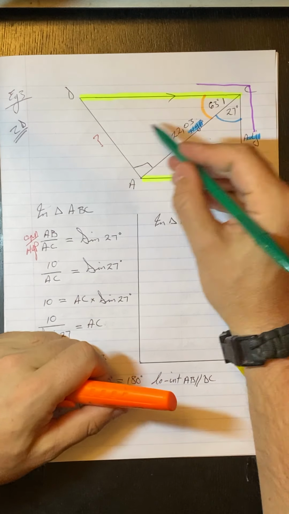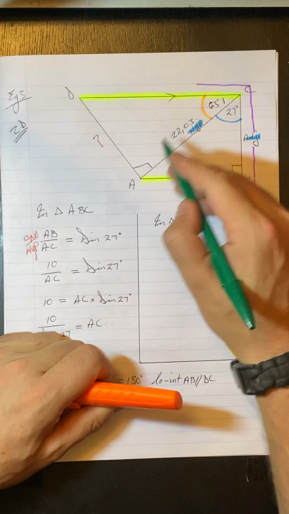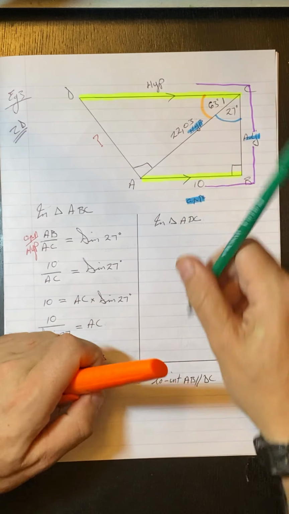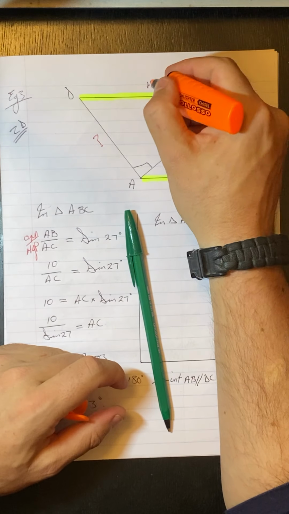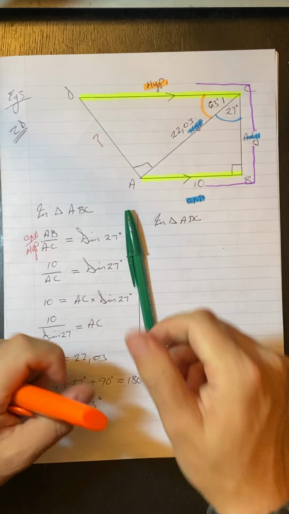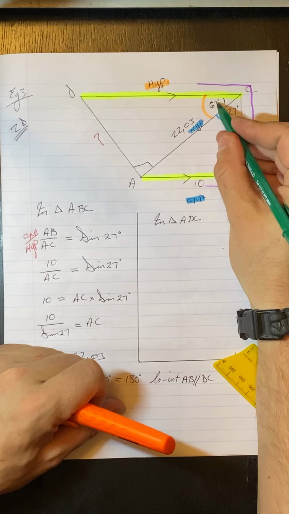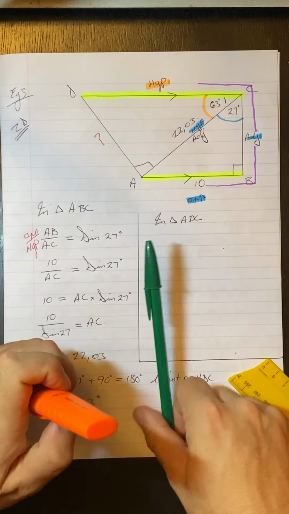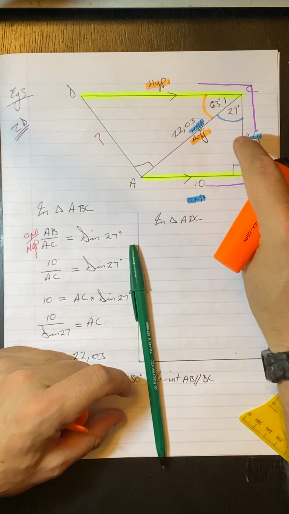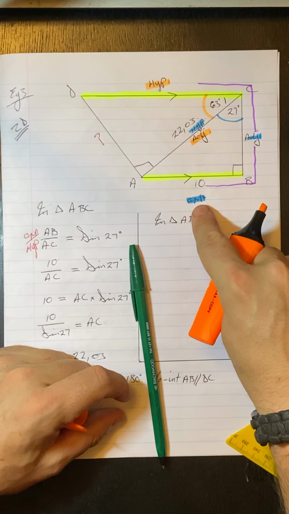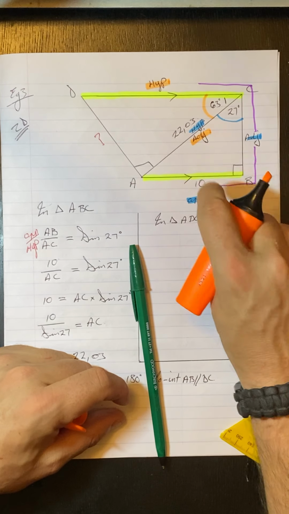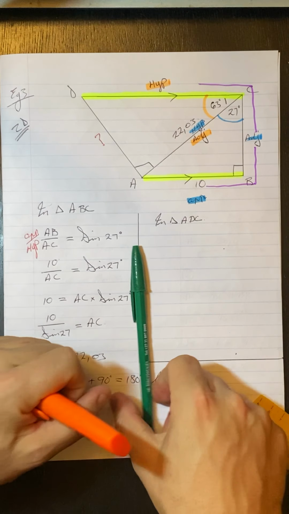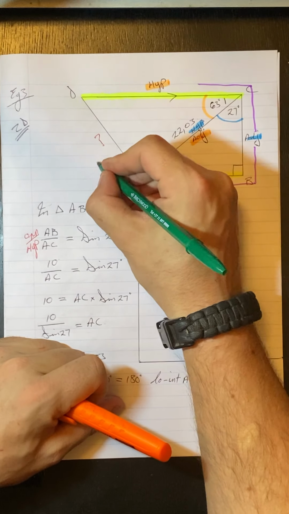Okay, so we're working in the ADC triangle. So opposite the 90 is your hypotenuse. The adjacent side for this one would be this side here. And I've just color-coded these so you can see, with the blue, that's your opposite, adjacent and your hypotenuse. For the orange, that's your adjacent and that's your hypotenuse. Then we just got the one left, which is your opposite.